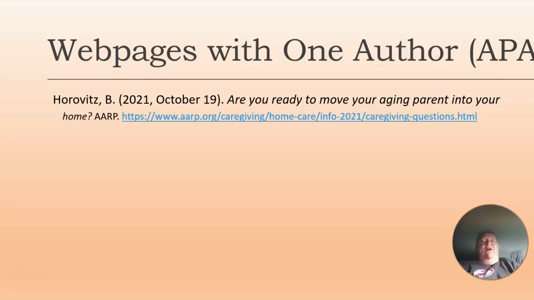So as with all other kinds of APA sources, you start with the author's last name, comma, first initial. And since APA is an author date style, you then have parentheses and the year, a comma, and then the calendar date, if known. Notice this is a page on a website. The AARP organization is the host of this particular web page.